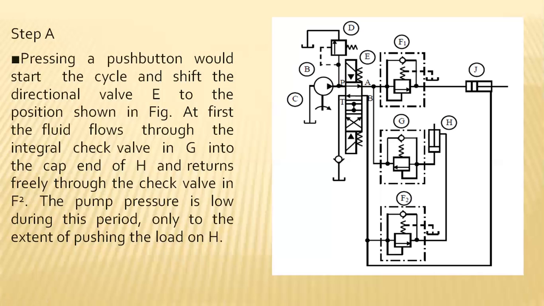Initially, the DCV operated in the first position creates the forward movement in the cylinder piston arrangement. At this time, when we switch this on, the fluid enters into the channel. We'll have a detailed look here.